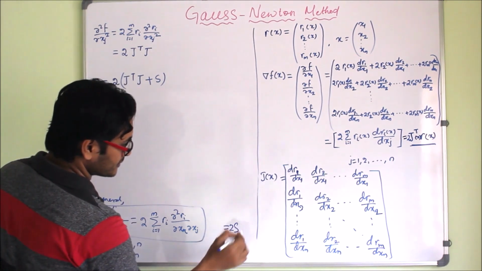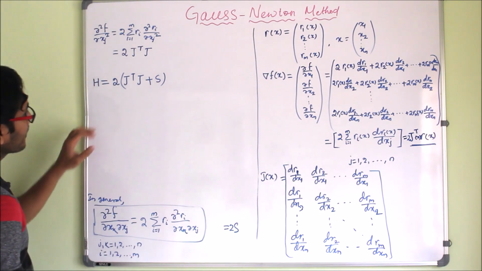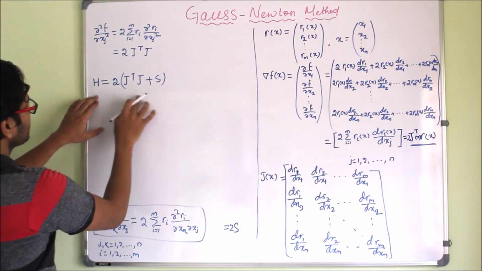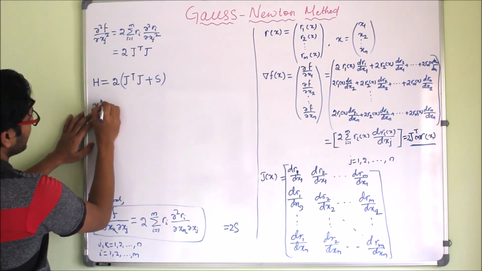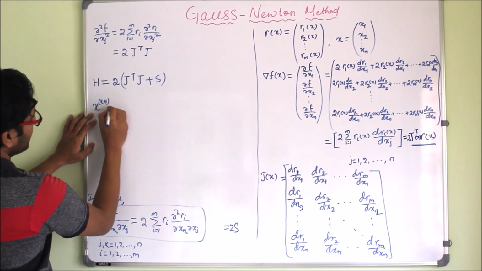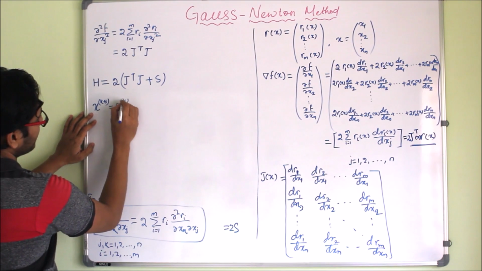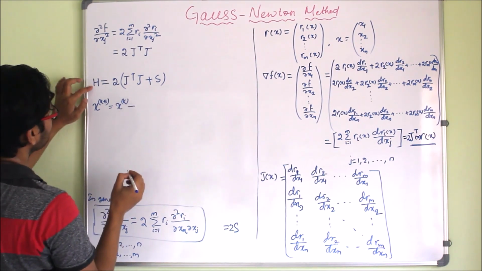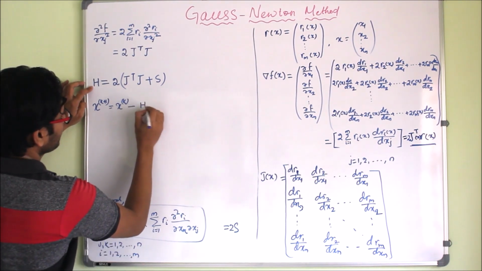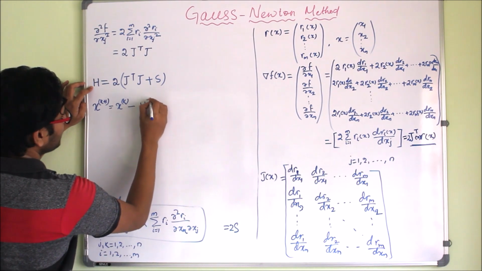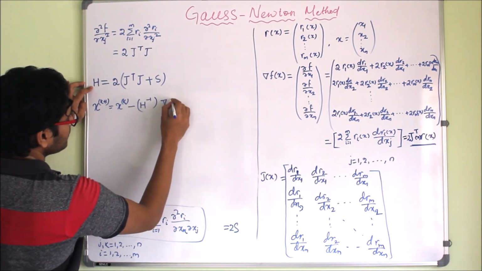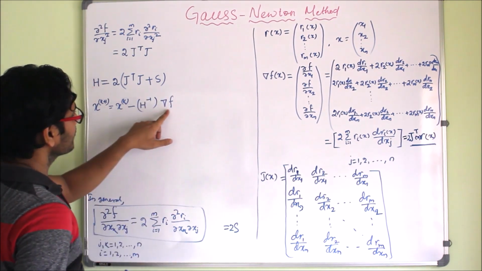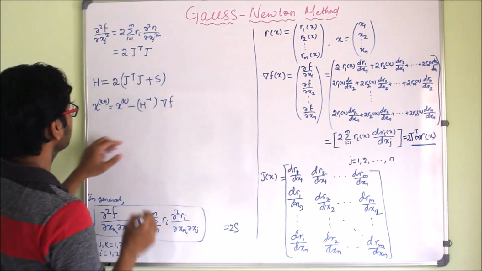We can write 2S. Now the final formula will be xk+1 equal to xk minus H inverse into this one, the gradient of f.